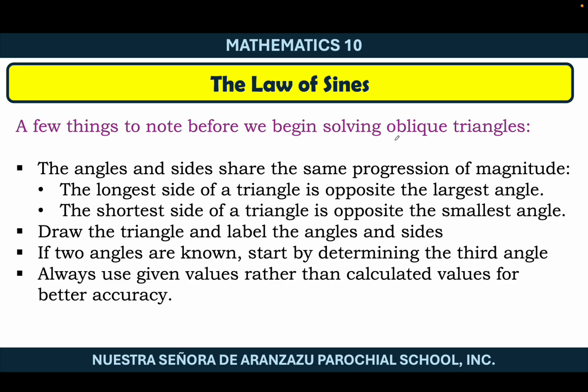When two angles are given in our oblique triangle, solve first for the third angle because we know that the sum of the interior angles is 180 degrees. So it is easy to solve. Then always use the given values rather than the calculated values for better accuracy.